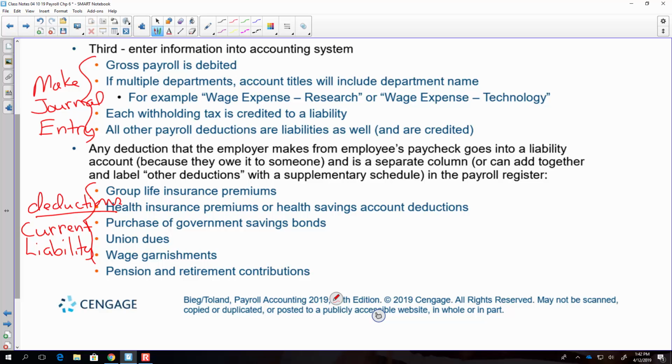Remember, we're just holding the taxes or deductions in this case, and at some point we have to pay them to the health insurance, the union dues. Maybe there's child support we have to pay in to the counties for that particular employee. So they are simply a current liability, and at that point we pay it when we're required to.